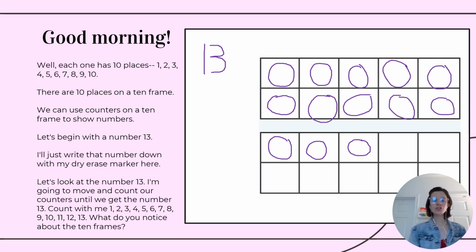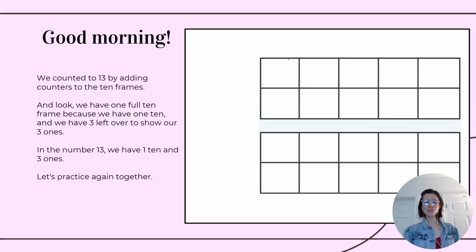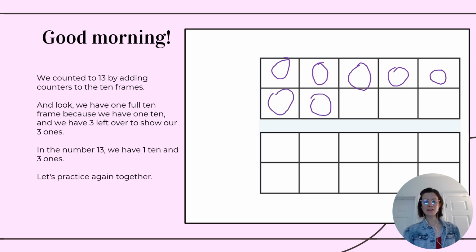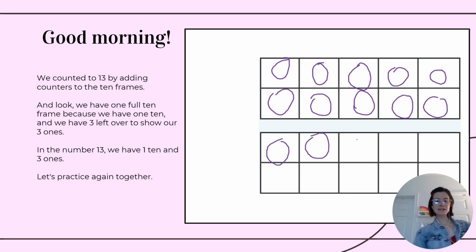What do you notice about the 10 frames? Let me quickly redraw my counters since we're on a new slide. And while I'm doing that, think about, what do you notice about the number 13? What do you notice about my 13 counters?